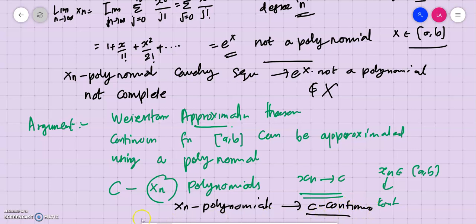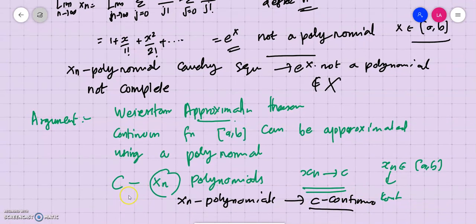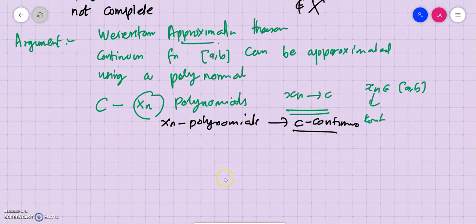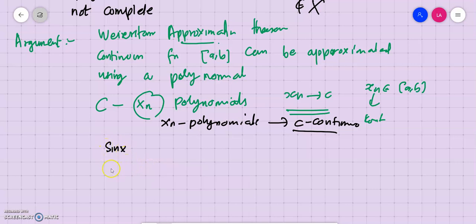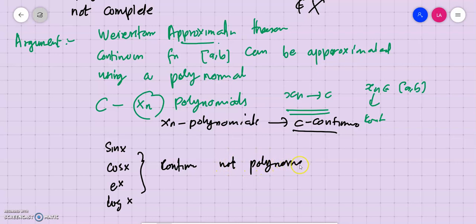We know that in general, every continuous function need not be a polynomial. You have several examples for that. sin x is an example, cos x is an example, e raised to x is an example, log x is an example. These are all functions which are continuous but not polynomials, continuous wherever they are defined.